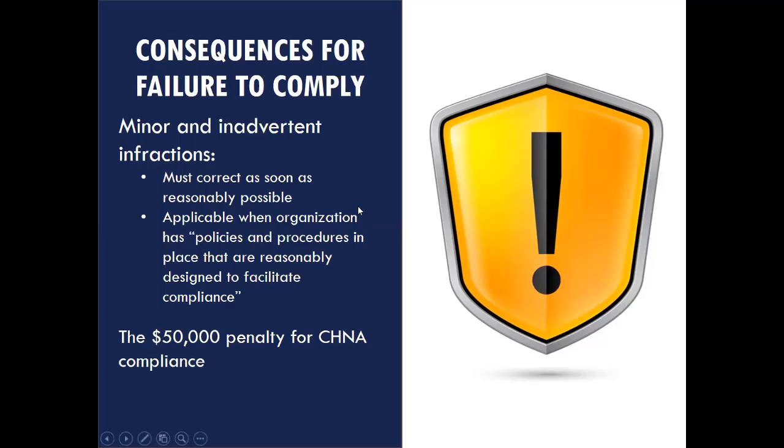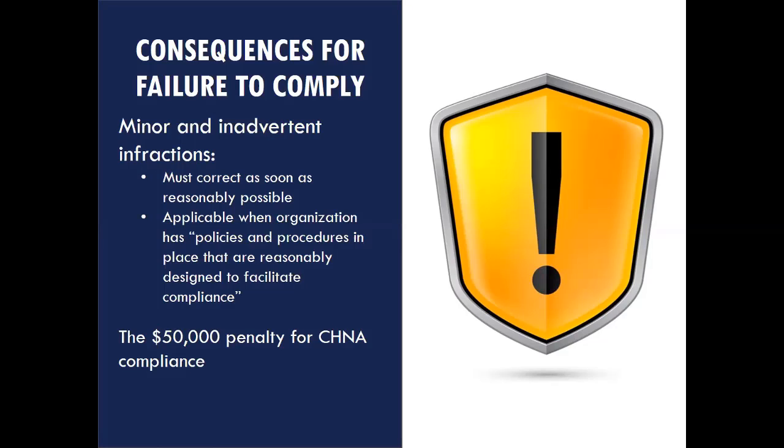So they did indicate that for minor and inadvertent infractions, you need to correct it as soon as possible, and that they're considered minor if you have policies and procedures in place that are reasonably designed to facilitate compliance.